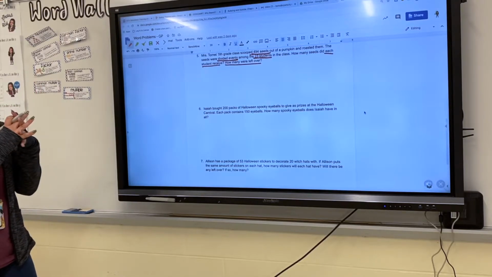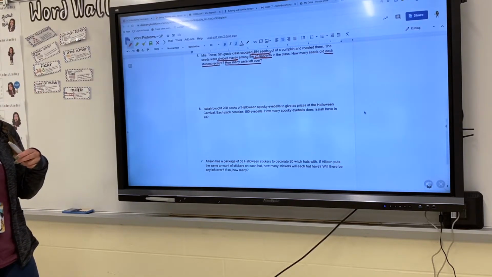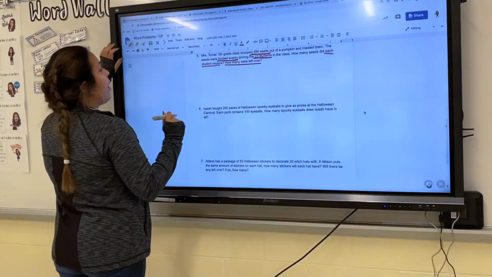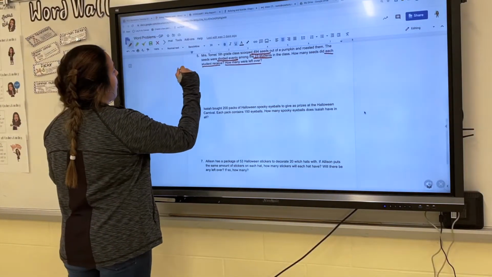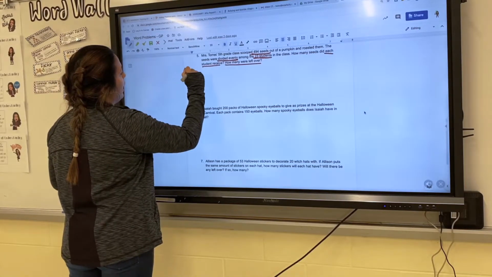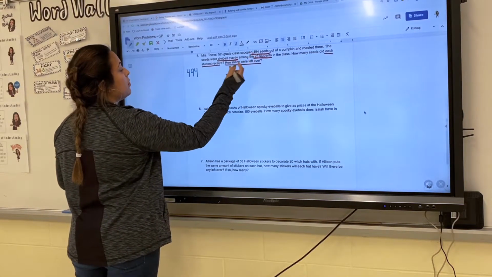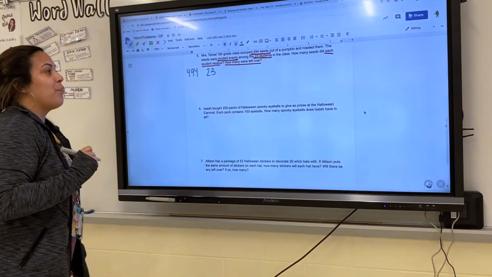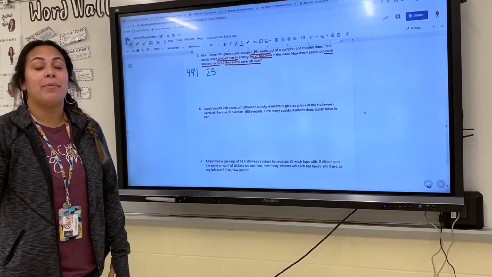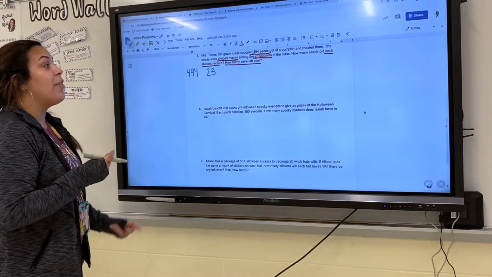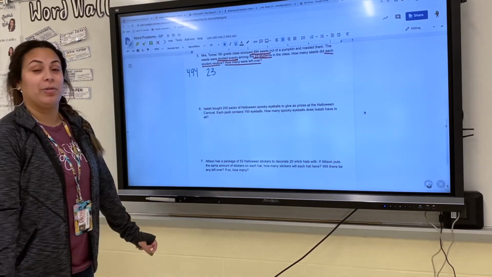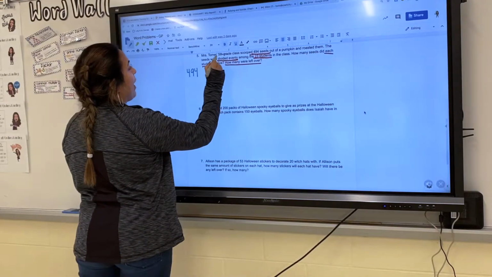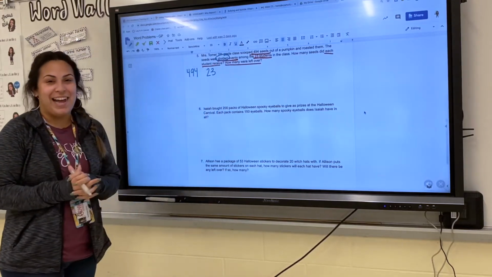So the first thing that I know for sure that I need to solve my problem are the numbers I'm using. So the numbers I'm using are 494 and 23. Now I need to figure out what type of math I'm doing. There is actually one keyword in there that lets us know we're dividing, and it's this word right here, divided.